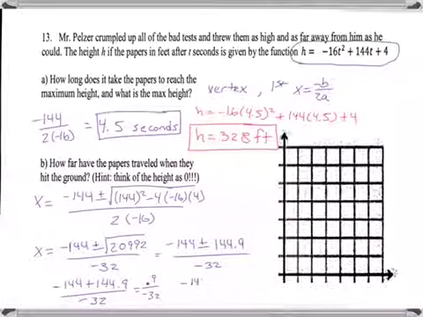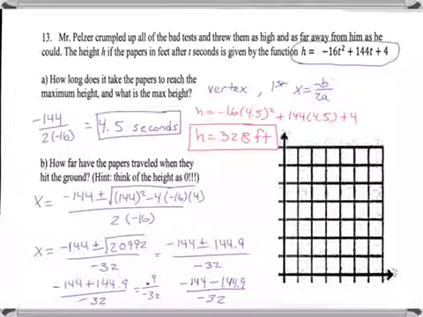We've got negative 144 minus 144.9 divided by negative 32. So negative 144 minus 144.9 gives us negative 288.9.